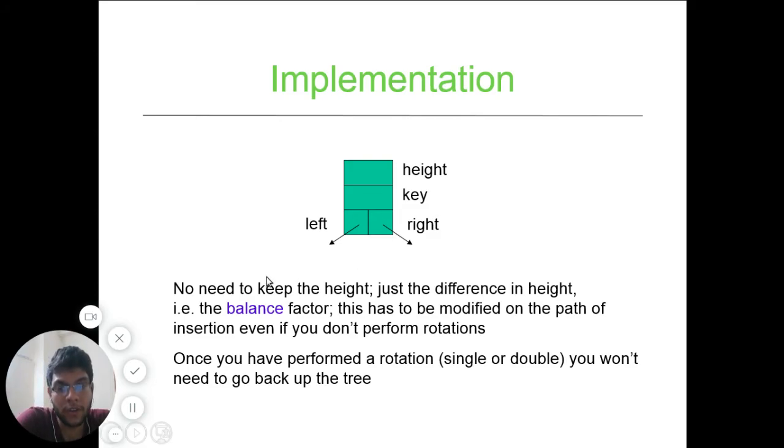So storing the balance factor is like storing a bit, 1 or 0 or minus 1, because the balance factor is independent of n. It can be minus 1, 0 or 1, 2 or minus 2, not further. So keeping the balance factor is quite a safe and memory efficient manner.